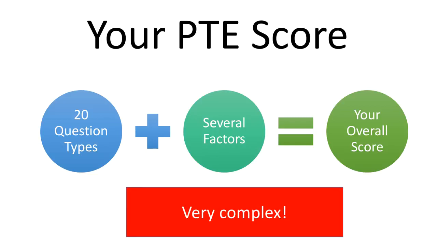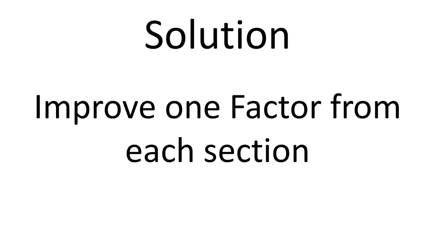It's a very complex system, to say the least, right? How to work on all those factors, how to work on all of those question types, that is very complex. So if you want to increase, let's say 5 points, then the solution is improve one factor from each section.